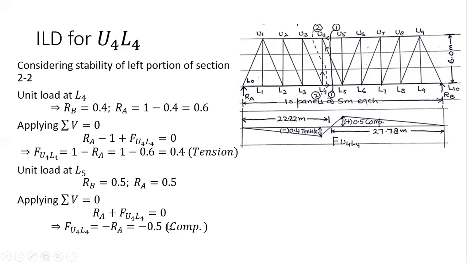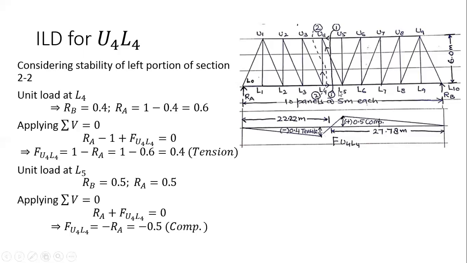Here my assumed direction is tension and the sign comes out negative, so it is compressive. So this one is 0.5: this one is tension, this one is compression. The force is changing from tension to compression in this member between L4 and L5.